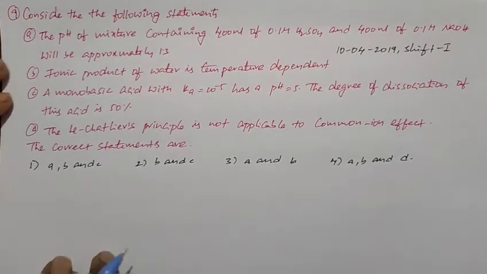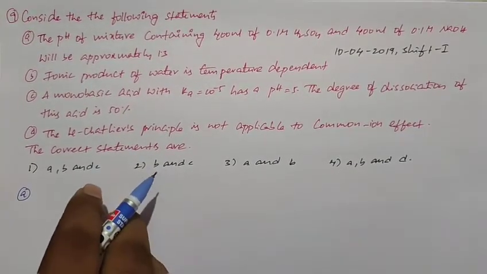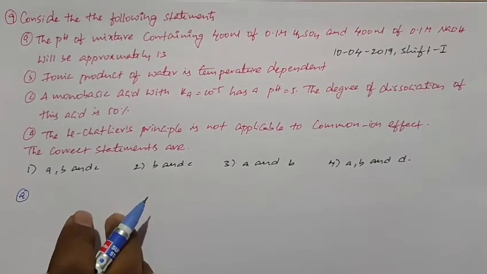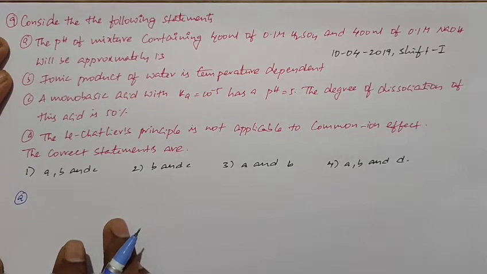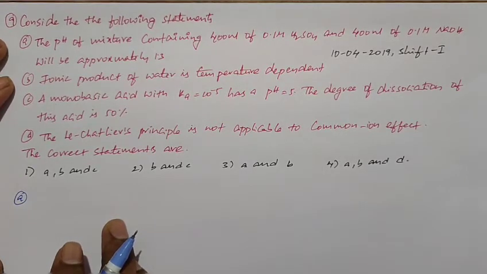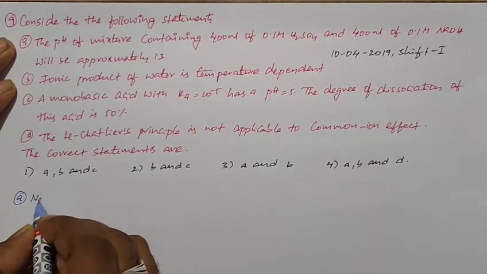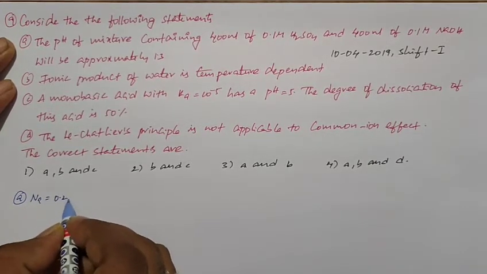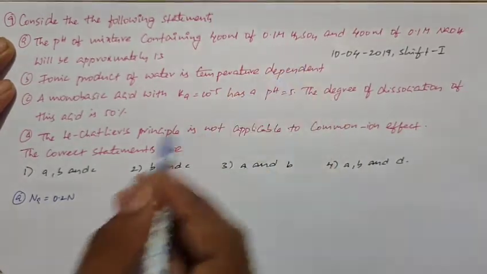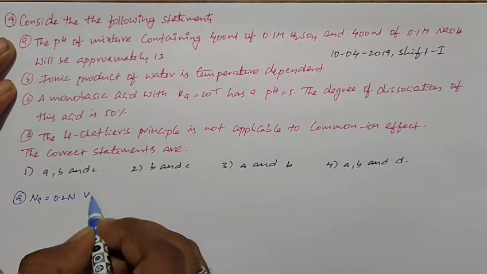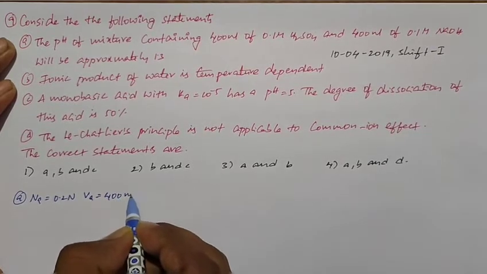So first we check statement A. The pH of a mixture containing 400 ml of 0.1 molar H2SO4 and 400 ml of 0.1 molar NaOH will be approximately 1.3. So we need to find the pH of the given mixture. The normality of the acid is 0.2 normal, since molarity is given, so molarity into basicity gives normality. The volume is 400 ml.